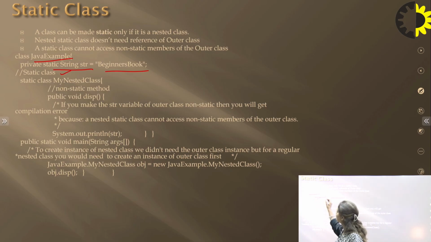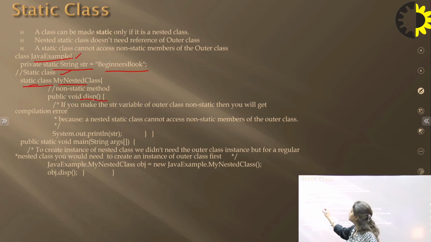Now let's have a look at the static class, which is an inner class. As we have opened this class over here, but till this step we have not closed these braces. Means this nested class will be residing inside our JavaExample class, and it is declared to be static in nature.